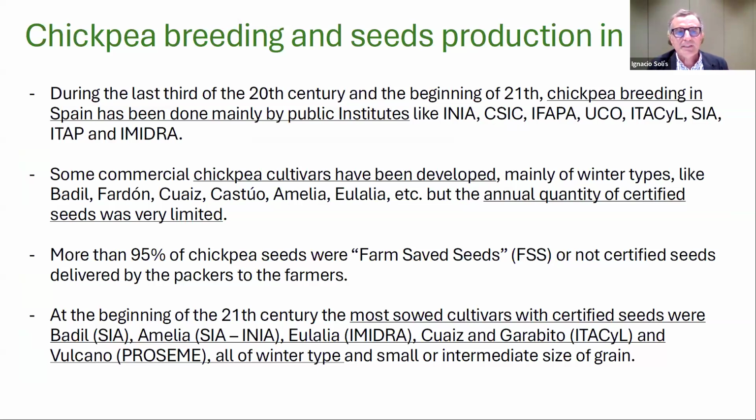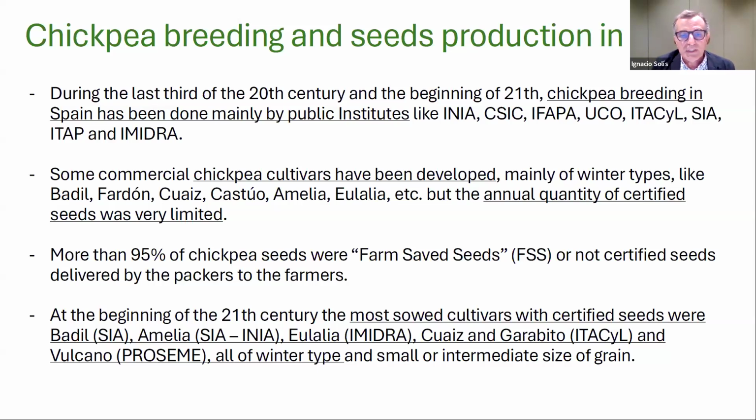From this work, some commercial cultivars have been developed, mainly of winter types, and mainly with small or intermediate sized seeds, like Badil, Fardón, Cuaíz, Castuvo, Amelia, Eulalia, but only a small amount of certified seeds, because more than 95% of the chickpea seeds have been farm-saved seeds or not certified seeds delivered by the packers to the farmers.